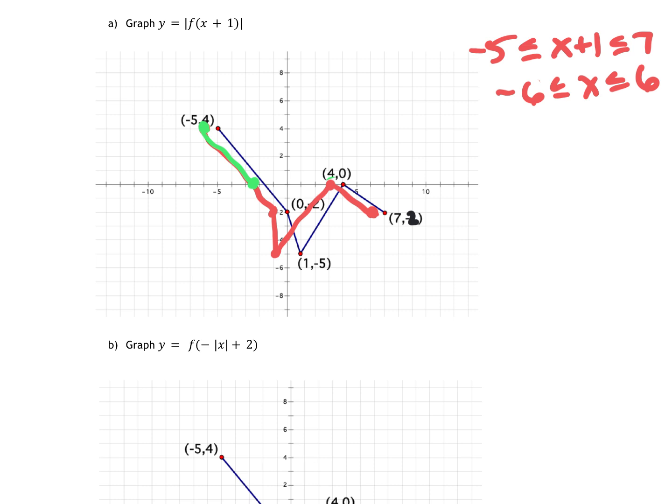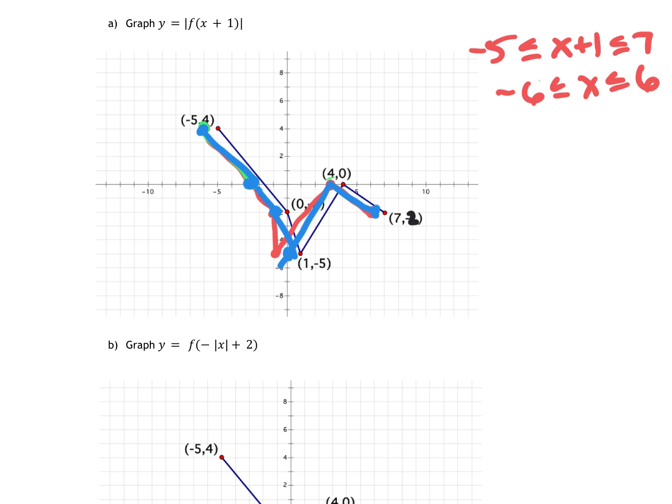I just noticed when I shifted left one, this point should be here. So let me redraw when I shift left one. Sorry about that. That should look here, and I don't know why I accidentally did that. And so the blue one is left one. Sorry about that.